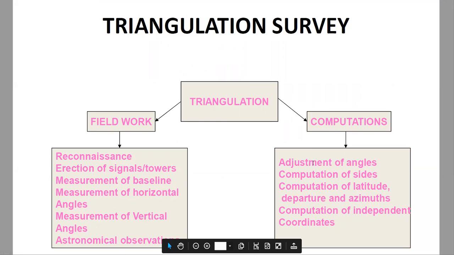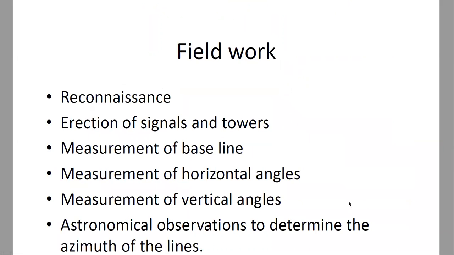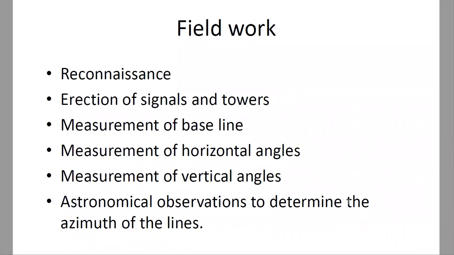Now computation: adjustment of angles, computation of sides, computation of latitude, departure and azimuths, computation of independent coordinates. So these steps will follow during a triangulation survey. So we'll see each of them one by one.